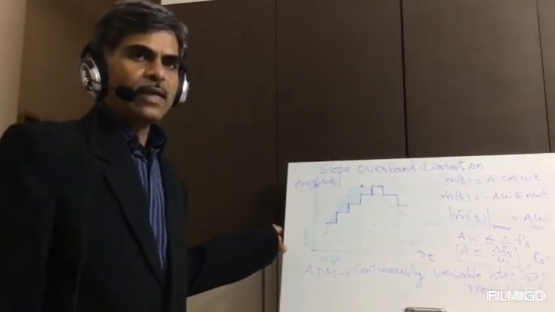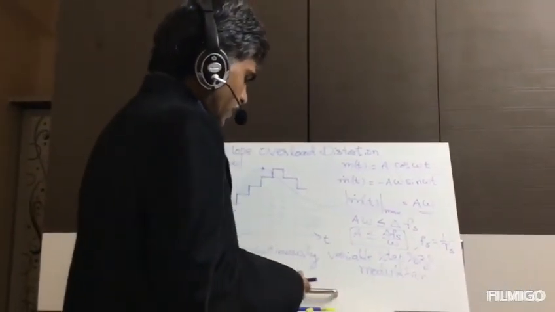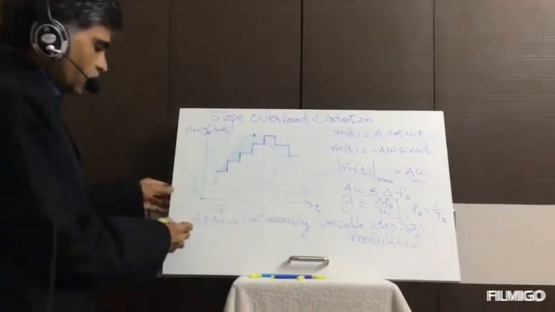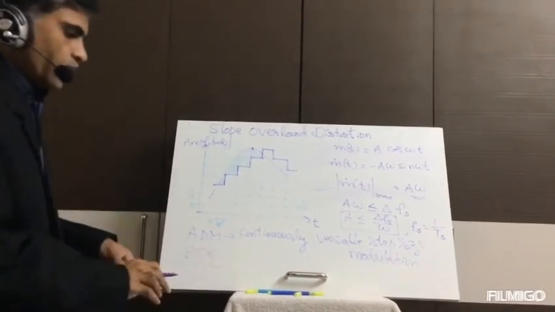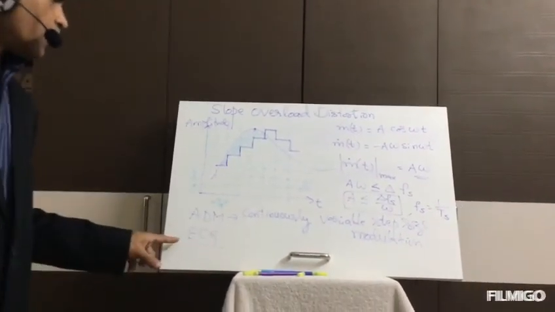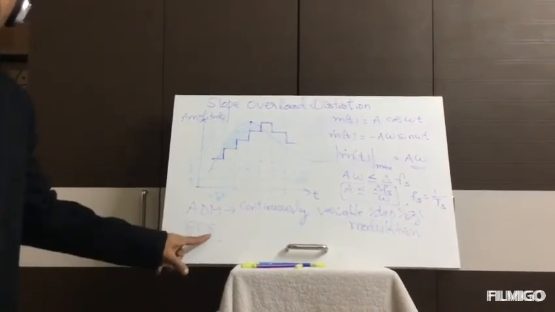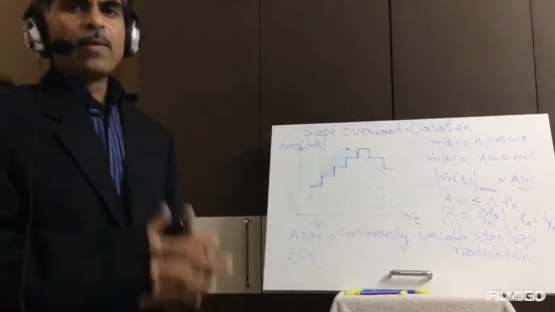For example, if you take electrocardiogram, what is that electrocardiogram? In short we write as ECG. If you delta modulate this signal of the electrocardiogram, then you can store that data within the given small memory space here.